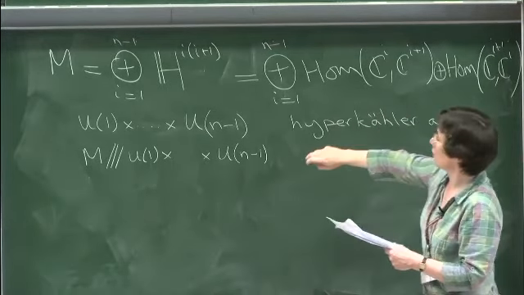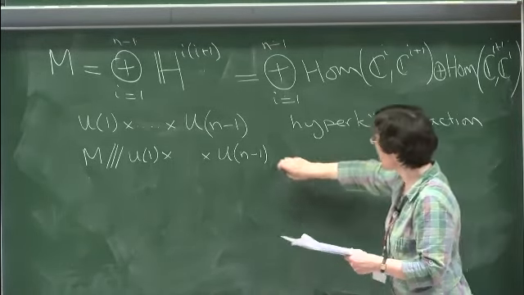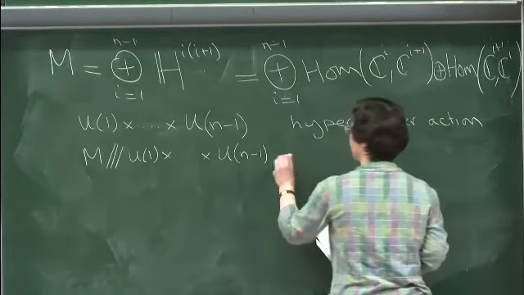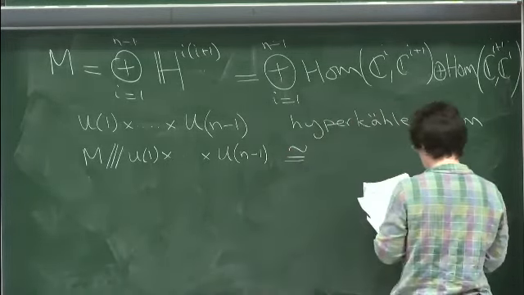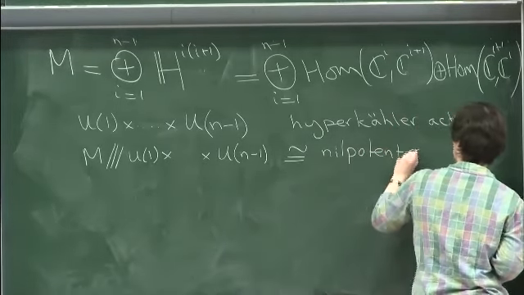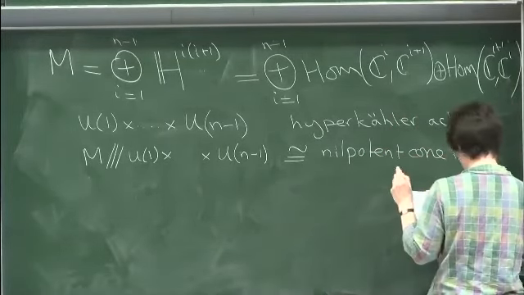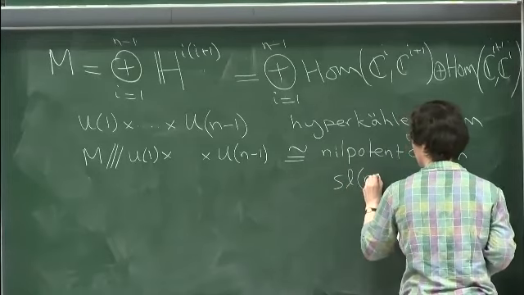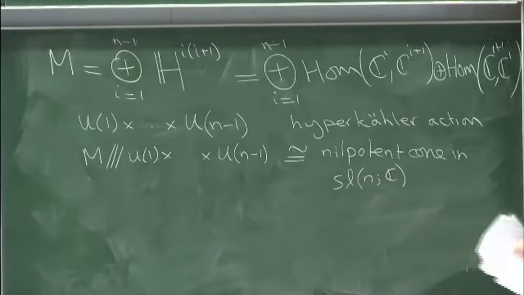But Kronheimer and Swann looked at this hyperkahler quotient where you just take the natural moment map, and showed that this can be identified naturally with the nilpotent cone in the Lie algebra of the complexification of SU(N), which is SL(N).